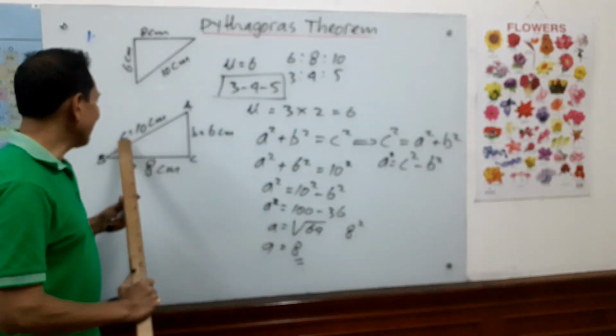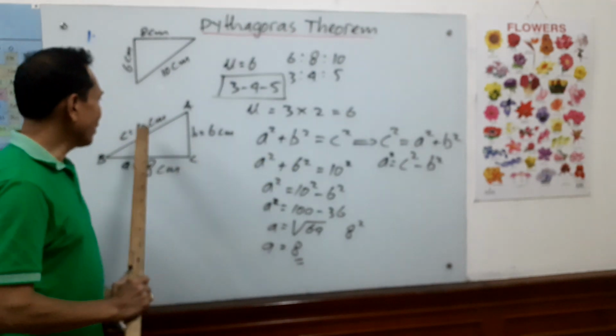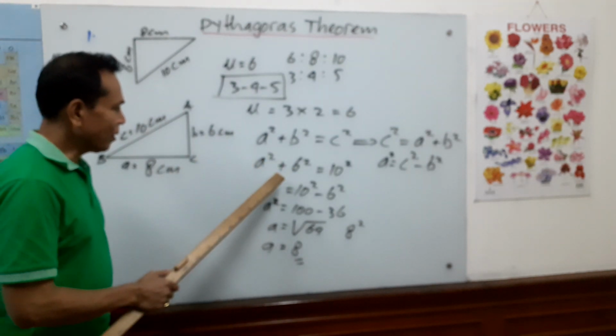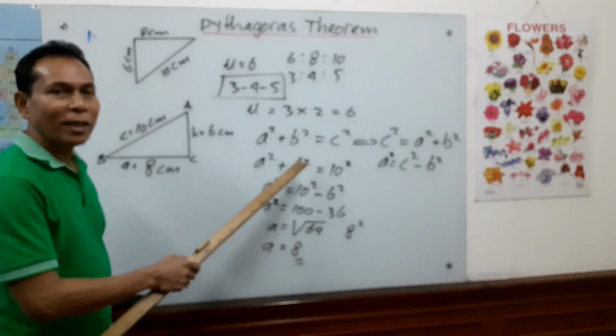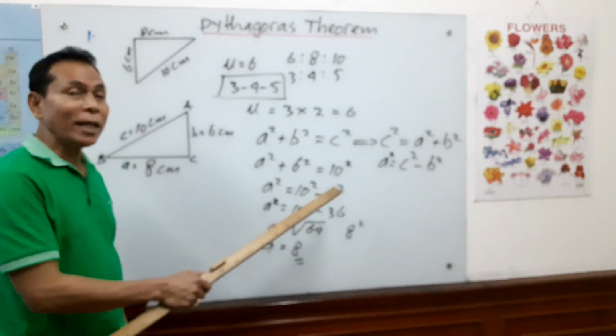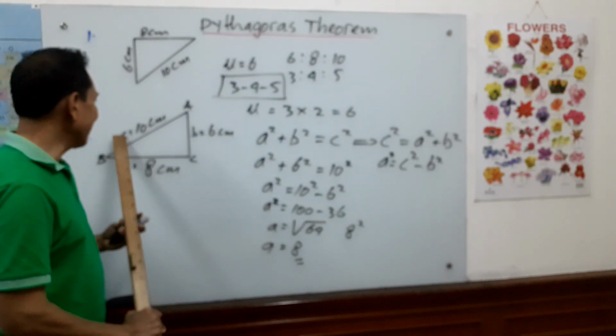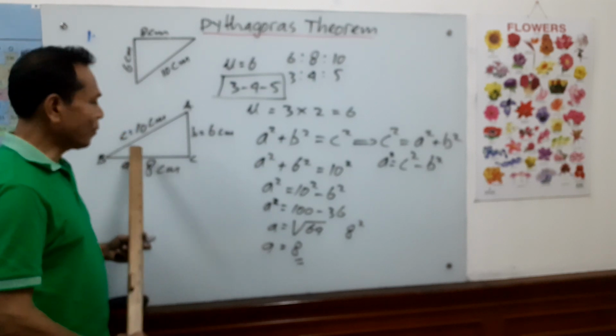That is for c here. So 64 plus 36 is 100. Because this is square, we put that under square root to dismiss this square. So the square root of 100 is 10. So 10 centimeters is for c.